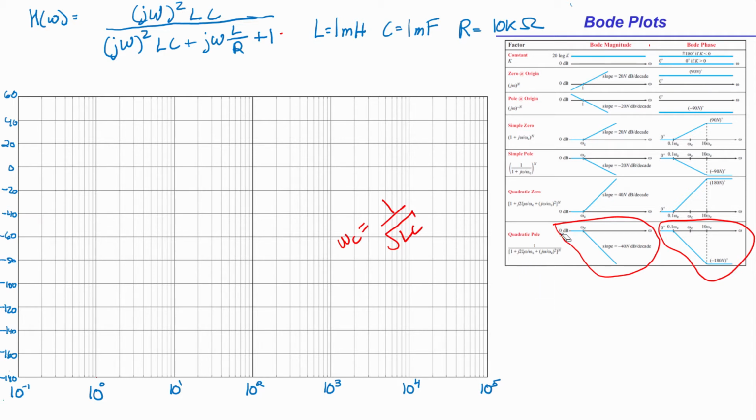And this is why Bode plots are a useful approximation of the transfer function, and not an accurate representation of the function itself. The reason we ignore it is because for high frequencies, this term is going to dominate over this term, so we just set this to 0 because we're electrical engineers.